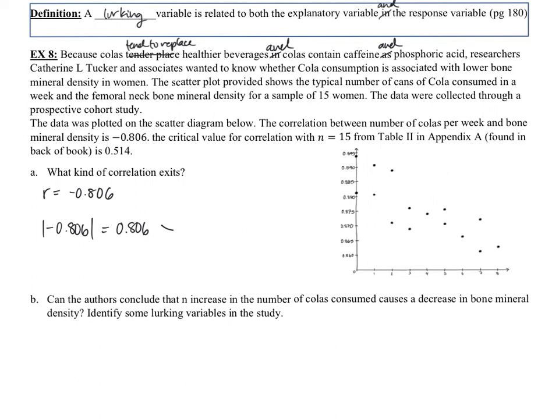The answer is yes, it is greater. Awesome. So since it is greater, let's take a look at our sign. We had a negative. That means a negative correlation exists. So we conclude a negative linear correlation or relation exists.